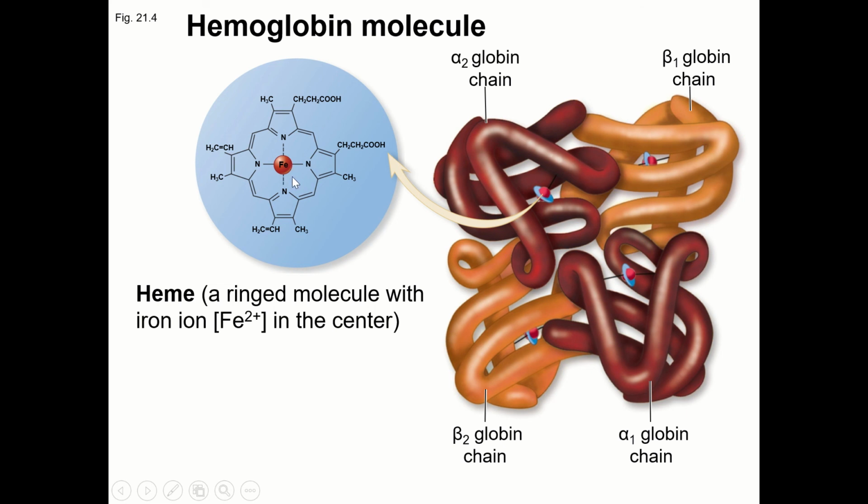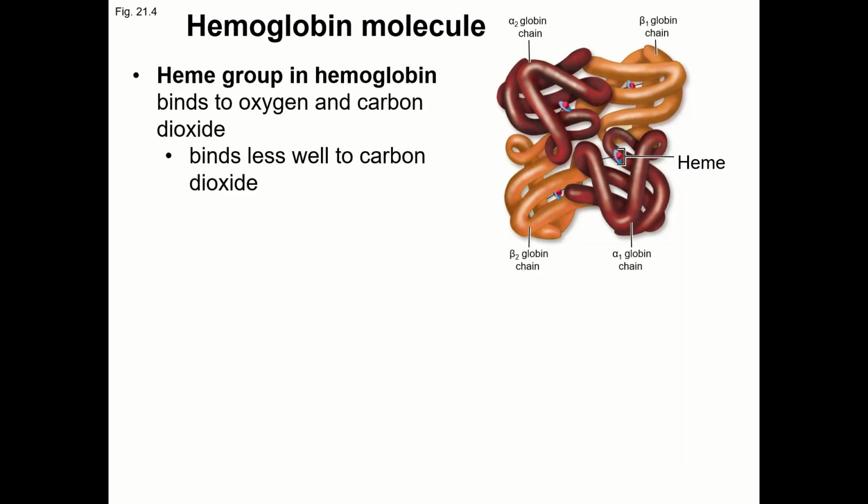That iron ion can bind to an oxygen molecule. So the heme group binds to oxygen. It binds to carbon dioxide less well, so most carbon dioxide is actually just dissolved in the blood plasma. But each heme can bind to 1 oxygen atom, so each hemoglobin molecule can carry 4 oxygen atoms.